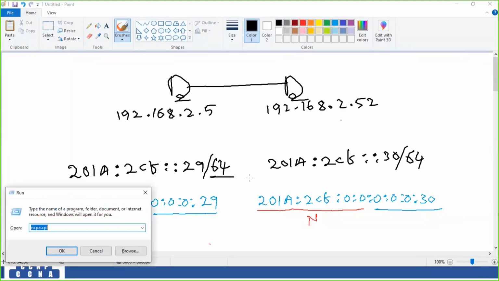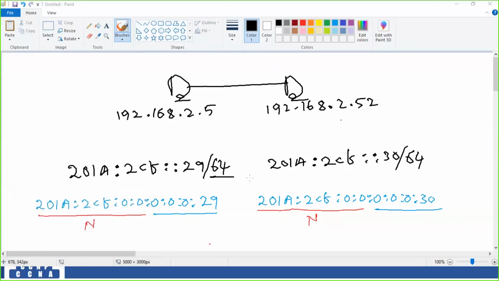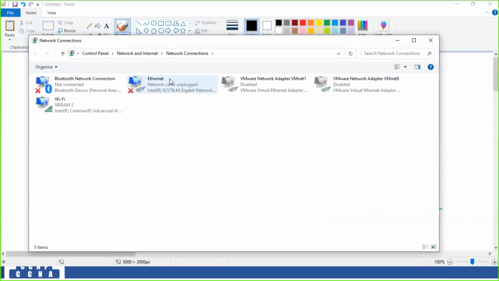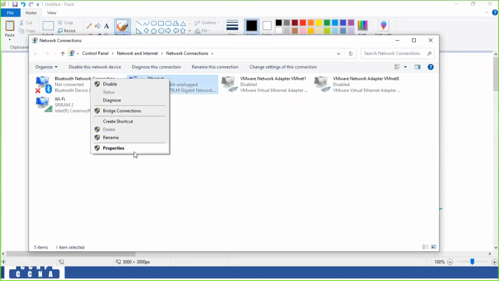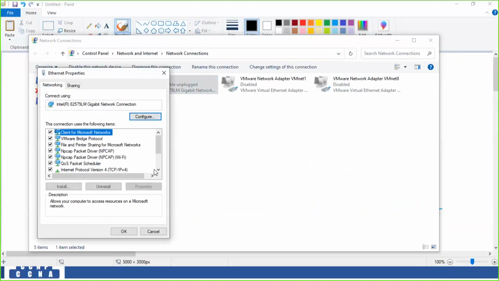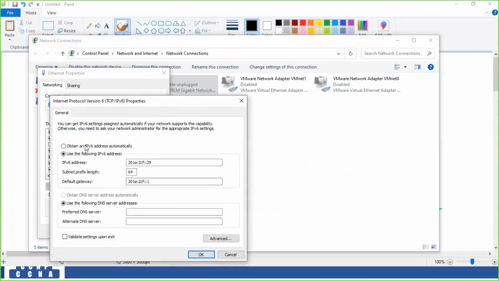I'll show you how to assign an IPv6 address. Same as before: ncpa.cpl, Ethernet, right click, properties, IPv6 properties. You choose IPv6 properties. Here you can use the following IPv6 address: 201A colon 2CF double colon 29.